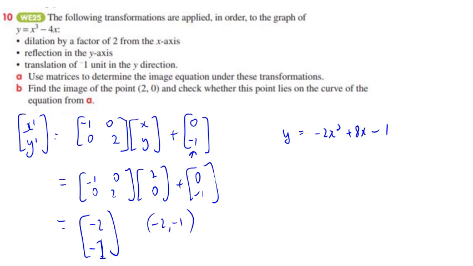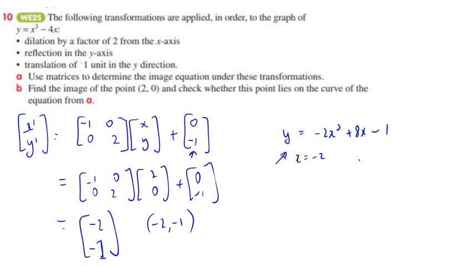Now, we need to see if that point actually lies on the curve. So what are we to do? Well, I'm glad you asked me. What we're meant to do is we're meant to sub in to this expression here. Remember, that was our expression for what the image was. So we need to sub in x equals negative 2.